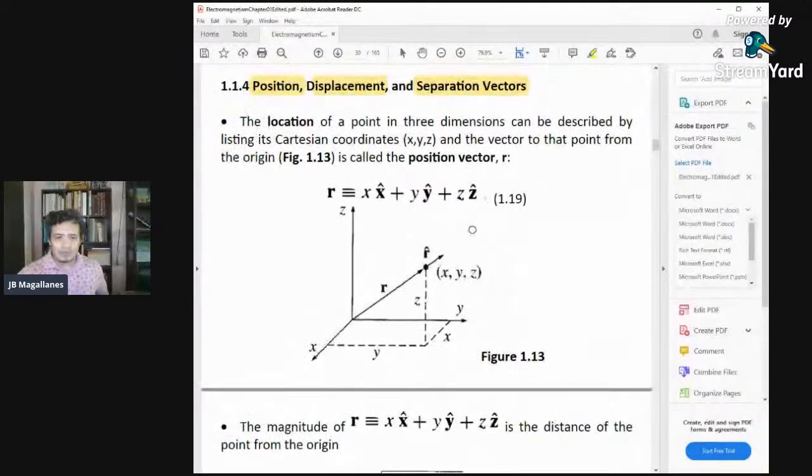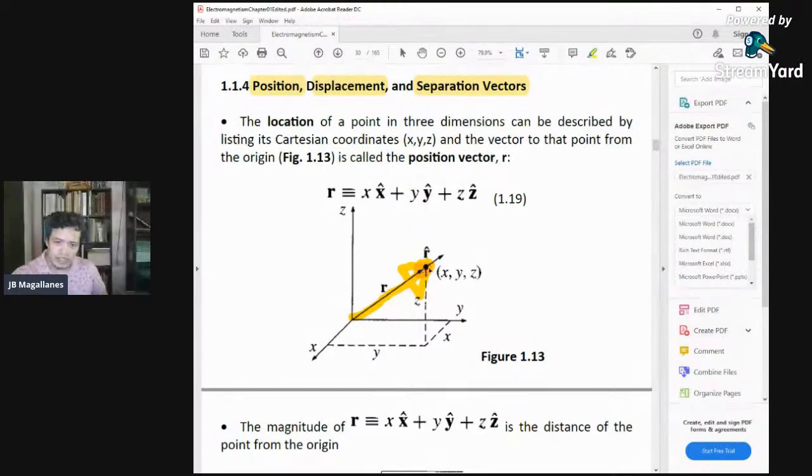So a point in the three-dimensional Cartesian plane. If you have a point here, that point would have coordinates x, y, z. That x, y, z will be the components of the vector coming from the origin to the point.